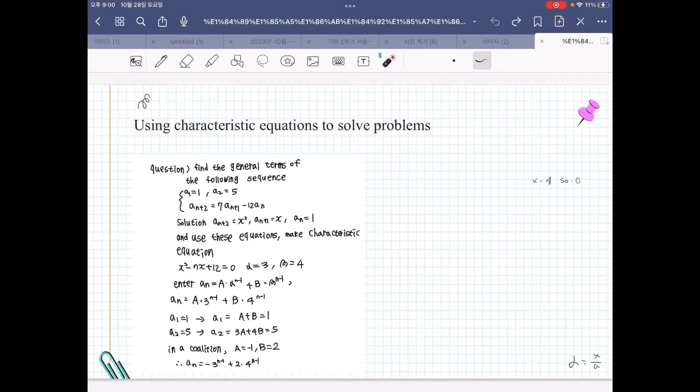And use these equations and make the characteristic equation like this. And enter this correlation in that equation. This correlation is derived.